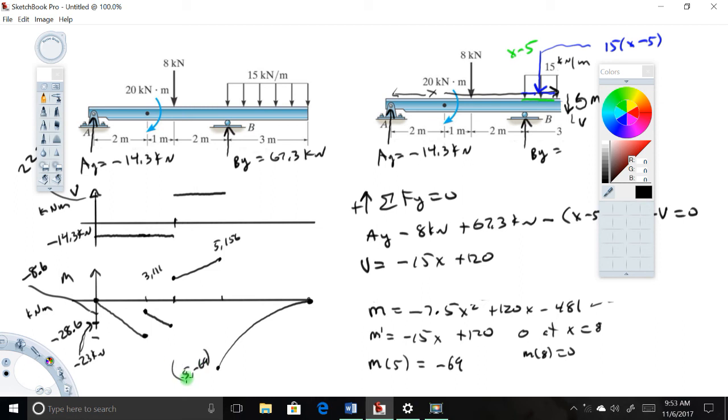All right, and that's it, folks. Oh, I haven't plotted my shear function yet. Let's see. If we put in x equals 5 to this, what's it come to? 545.